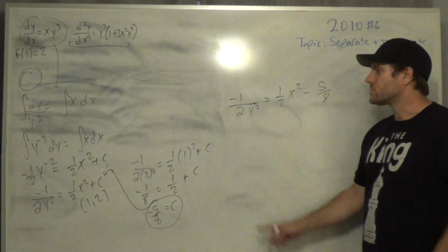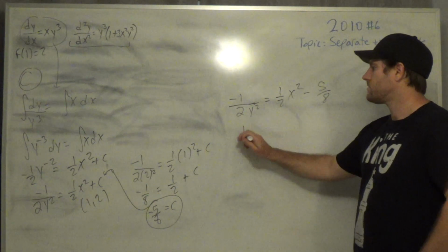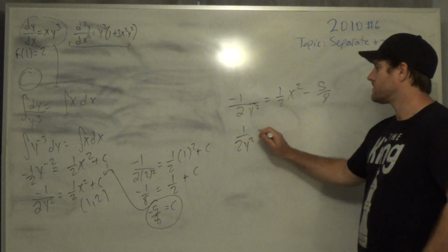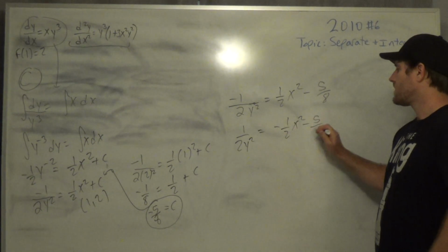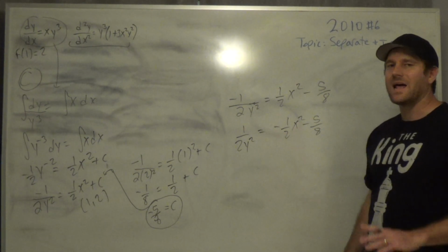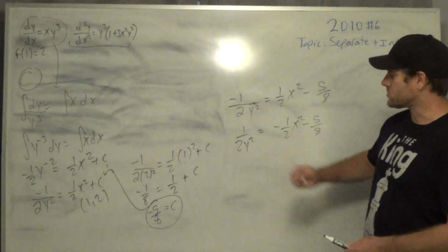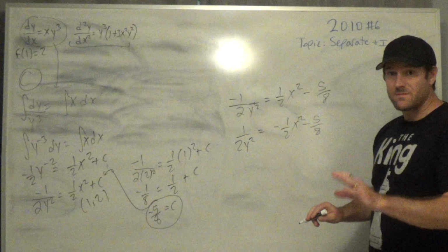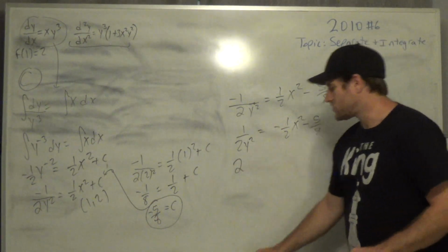Okay? First thing, I'm going to get rid of this negative by dividing everything by negative. I'm just trying to get points here, okay? I want to get y by itself. So now I'm going to do the little trick where I flip and flip. Now this is going to be ugly when I flip. Actually, you know what? Let me multiply this 2 to the other side first.